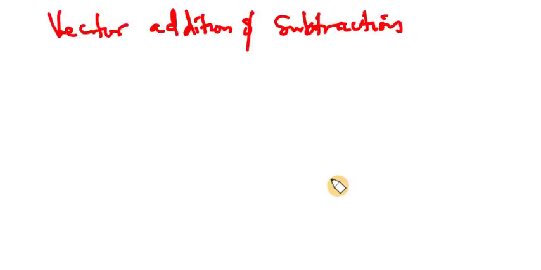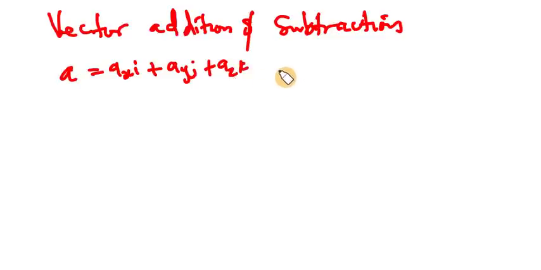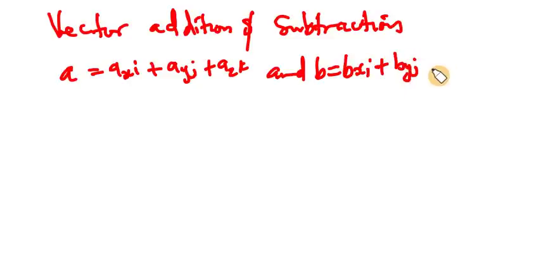So given that a equals axi plus ayj plus azk, and b equals bxi plus byj plus bzk, we can add or subtract these two vectors.